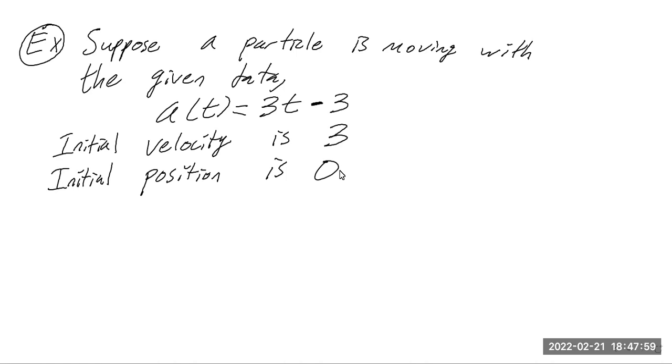Now, we can get some units down here. Let's say that a of t is in centimeters per second squared. Then the units of our velocity would be centimeters per second, and our position would just be centimeters.